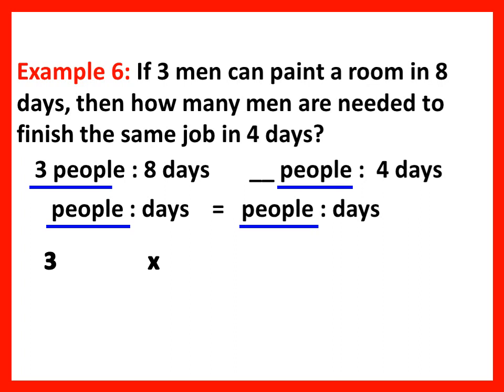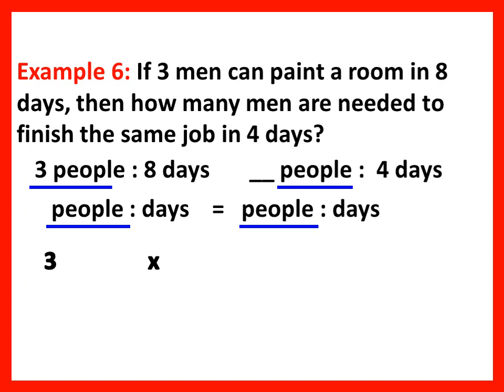If we analyze the problem once again, 3 men will be painting the room in 8 days. If you want to finish the same job in 4 days, what are you going to do with the number of men? Are you going to add more number of men there?